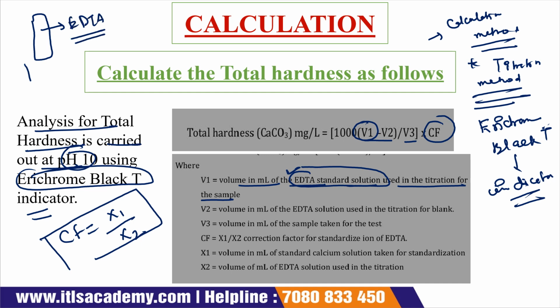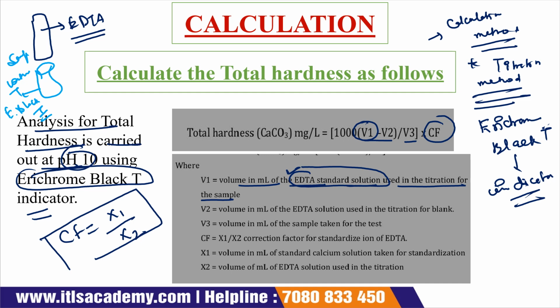Now this is your sample, let me draw it again. Now this is your conical flask. Into the conical flask, you will add the water, or you can say the sample, plus this dye, that is your Eriochrome Black T.